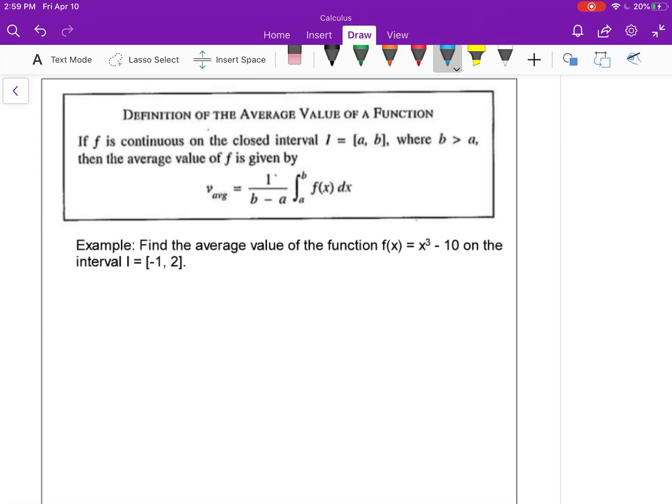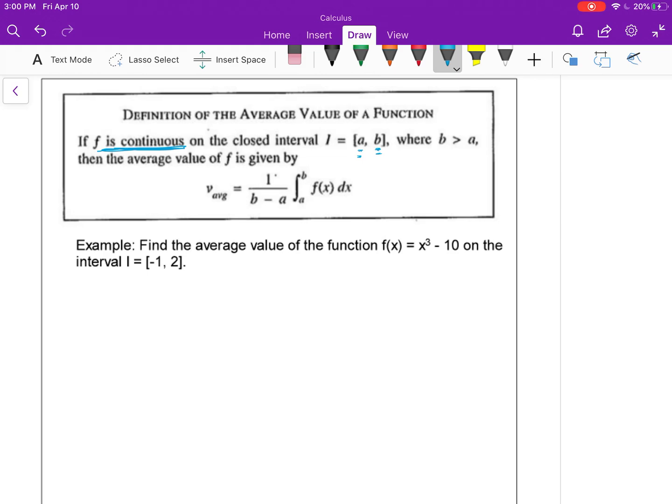So here it is written again, and they'll say the average value of a function, because height really could be negative, and we could get negative answers for average value, is 1 over b minus a, where a and b are the endpoints of the interval, times the integral from a to b of f of x dx, the function that we're talking about. And notice f must be continuous. It won't work if it's not a continuous function.